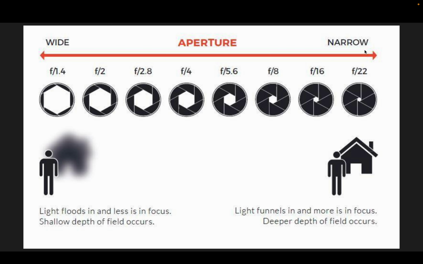At something like f1.4, the person is in focus, the background is blurred out, light floods in and less is in focus, so shallow depth of field occurs. On the other end, at f22, the person is in focus and also the background is in focus. The light funnels in and more is in focus. Deeper depth of field occurs.